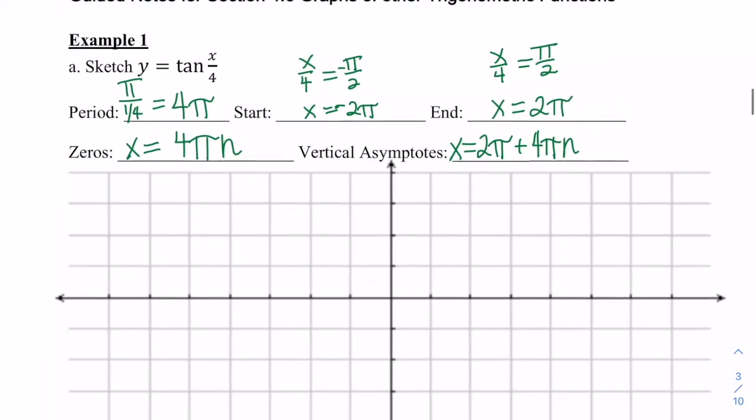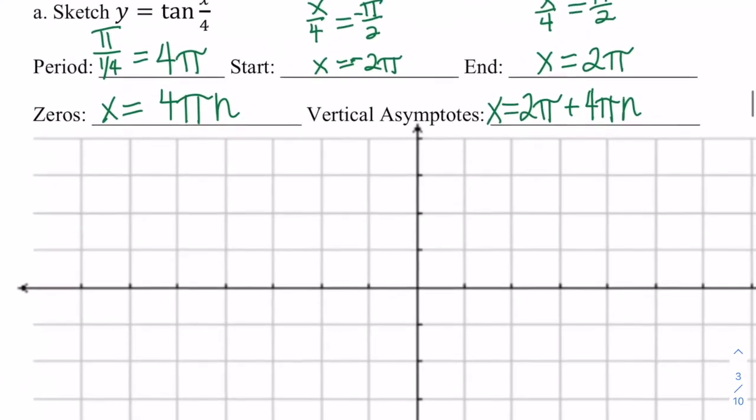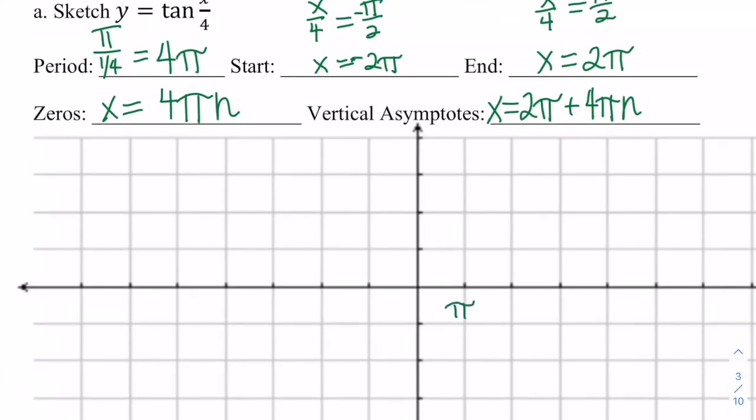So if we're going to sketch this graph, I'm just going to leave this as pi. Might be easier. So what I want to do is make sure I label the graph here, and I'm just going to label a couple cycles.